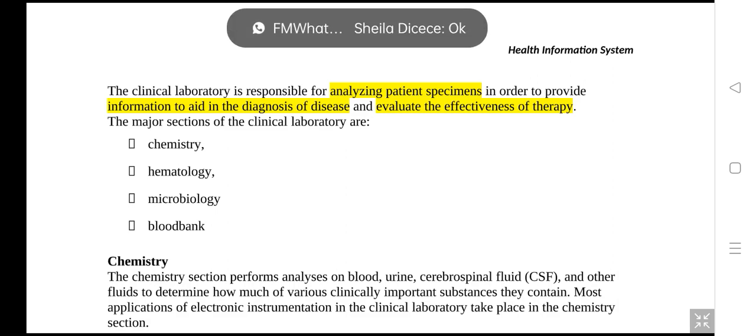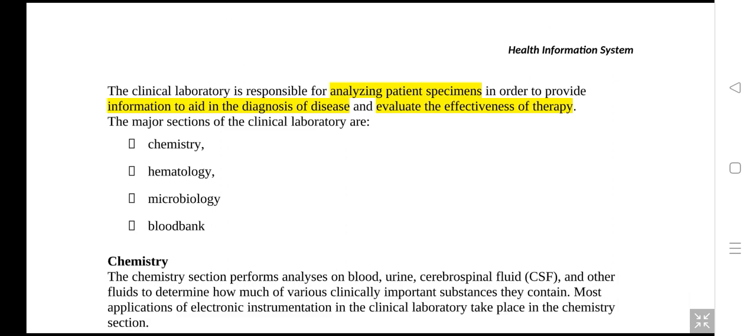Now, what I've said is that the clinical laboratory is responsible for analyzing a patient specimen. When you are processing this specimen, you are using various laboratory techniques to get results, and then you analyze the results from the specimen to get information.